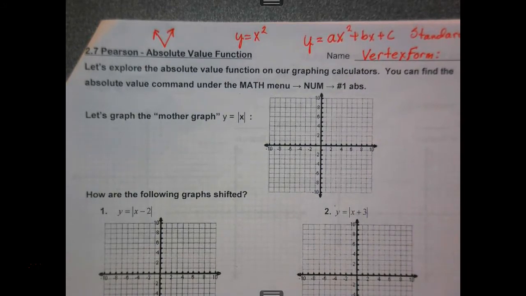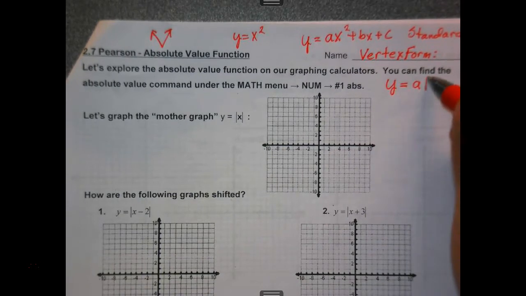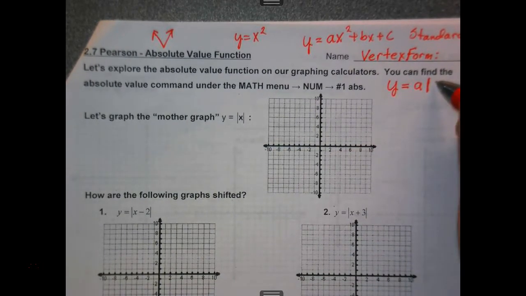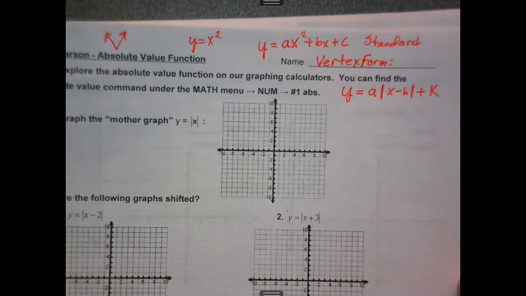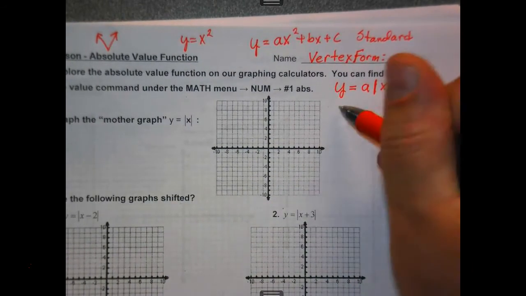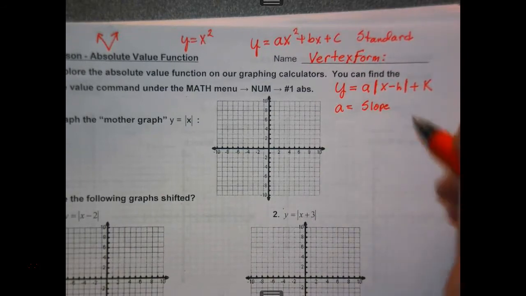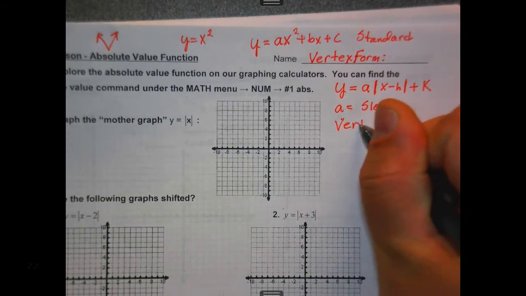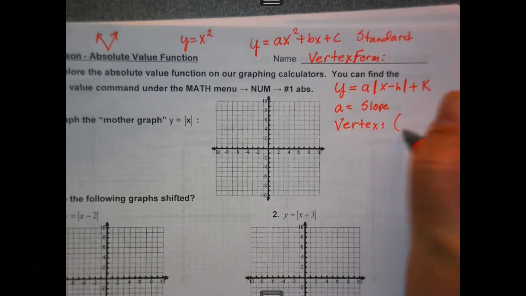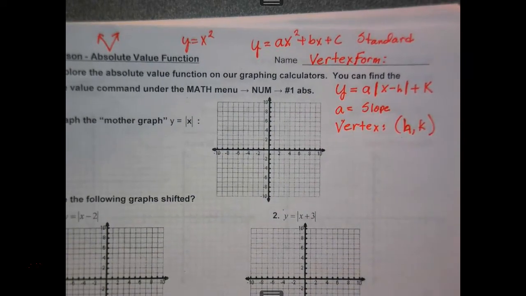Vertex form is y equals a times the absolute value of x minus h plus k. Our a stands for slope. Our h and k make up the vertex. It's h comma k.